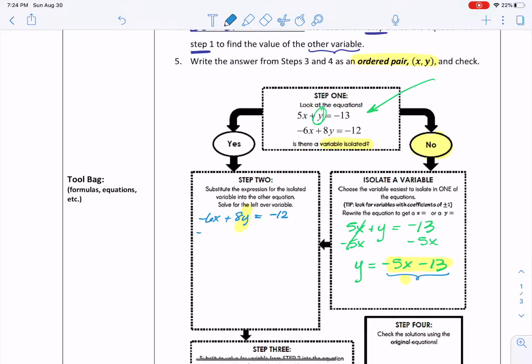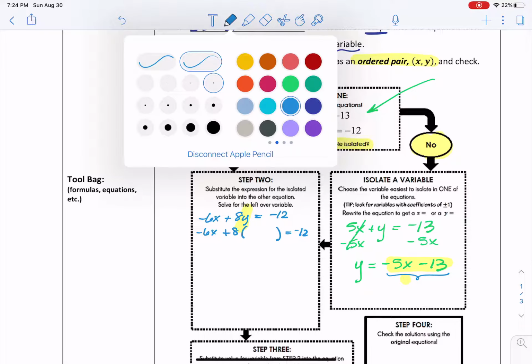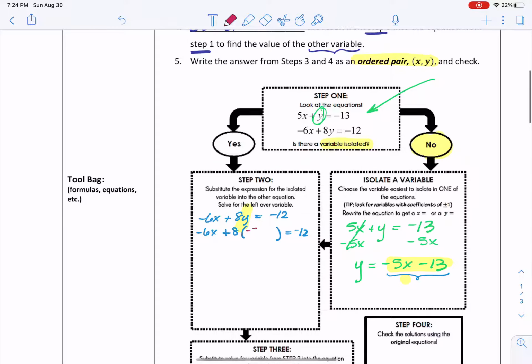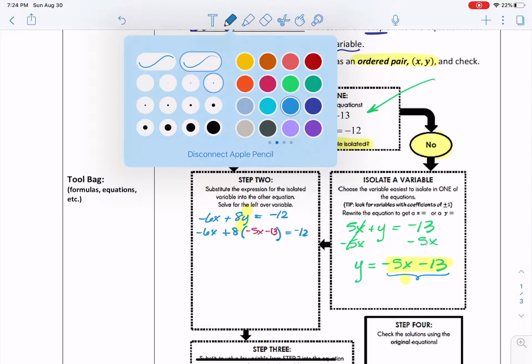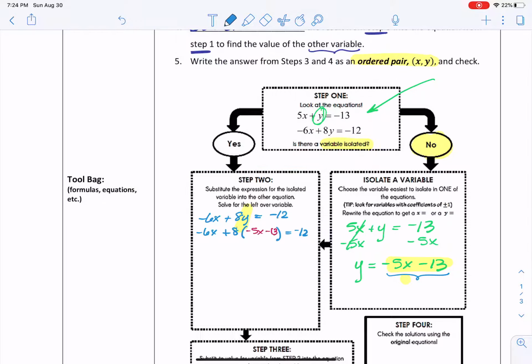So that's negative 6x plus 8 times something equals negative 12. And I'm going to put in that negative 5x minus 13. So then we simplify by distributing: negative 6x minus 40x minus 104 equals negative 12.